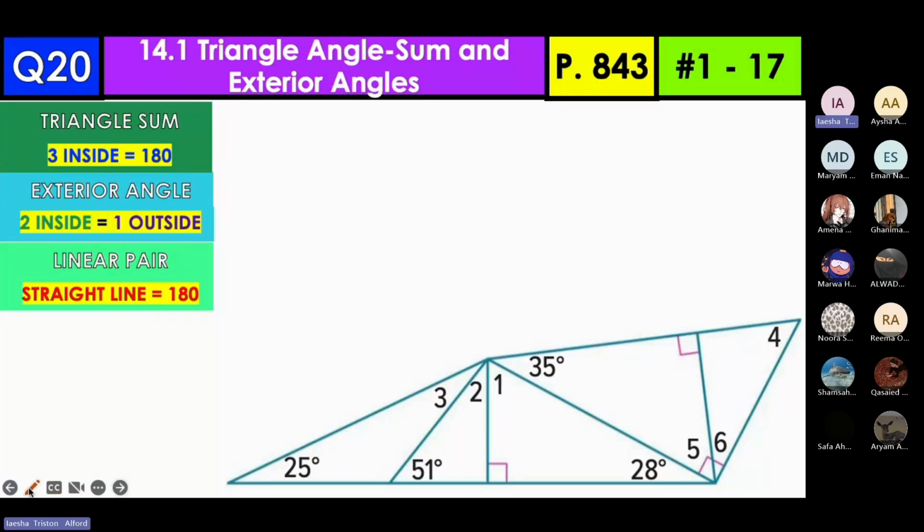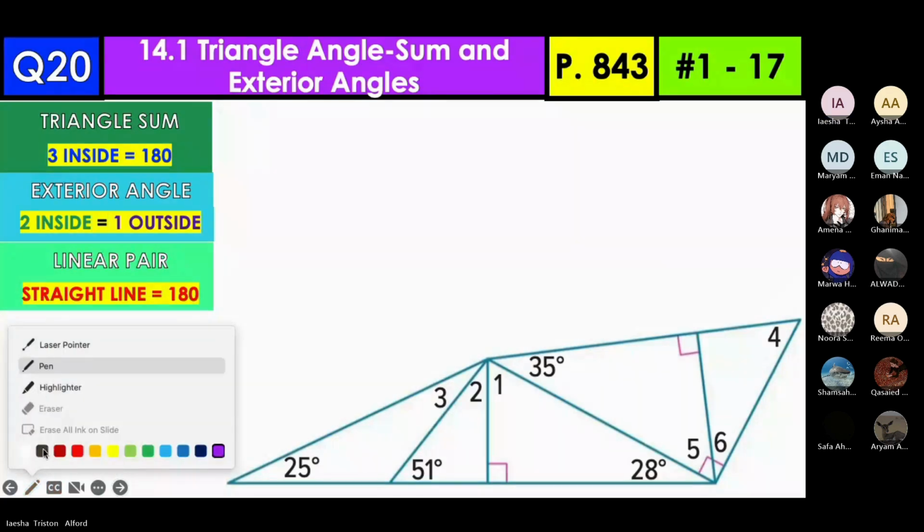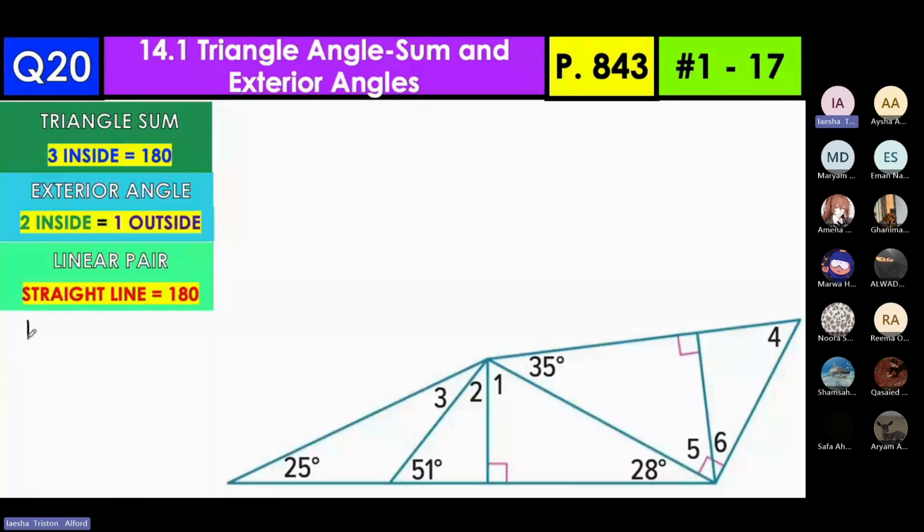Starting with angle 1. What equation could we write? What rule can we use? Triangle sum. So x plus 90 plus 28 equal 180.